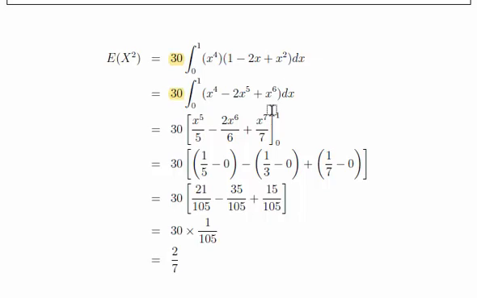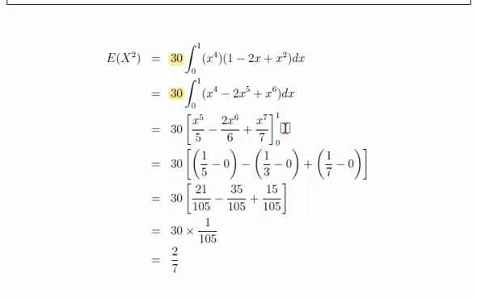Evaluating each expression at 1 and 0, we have 1/5 minus 0, minus 1/3 minus 0, plus 1/7 minus 0.